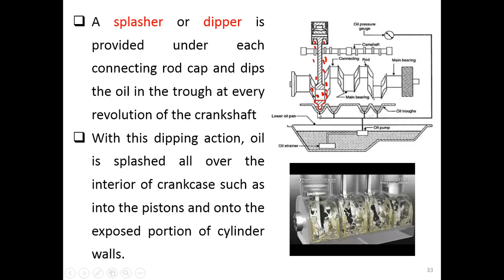You imagine it goes up and down, dipping every time that the crankshaft rotates. So under this dipping condition, the oil can be splashed all over the interior of the crankcase, such that it will splash onto the piston and onto the exposed portion of the cylinder wall. Okay. This is why they call it a splash system.